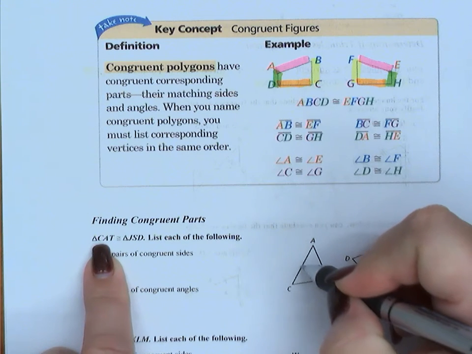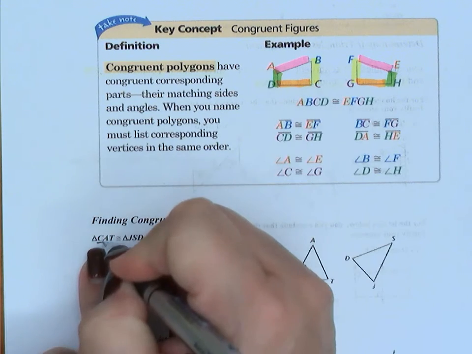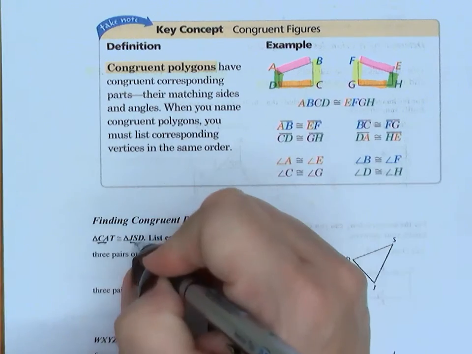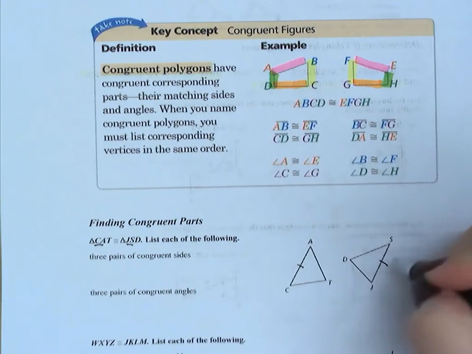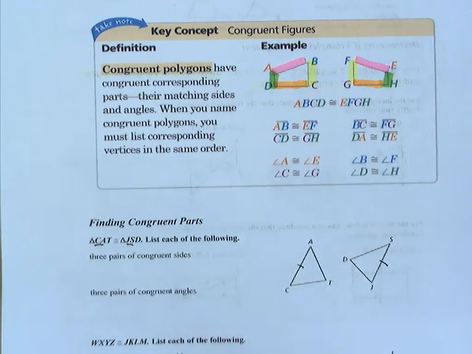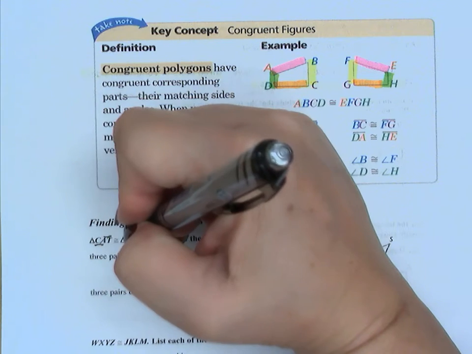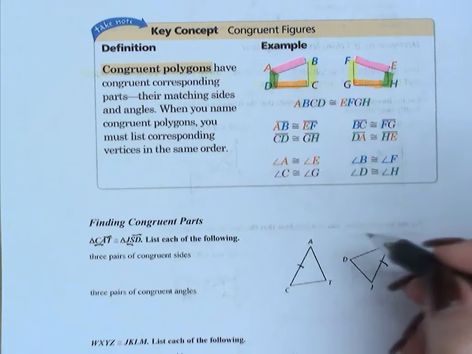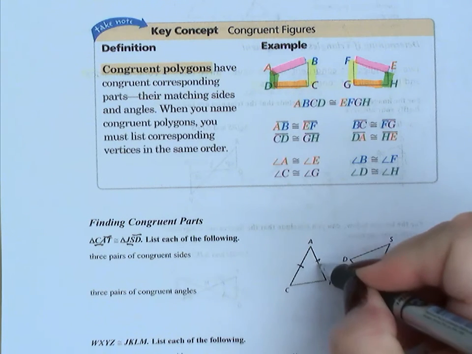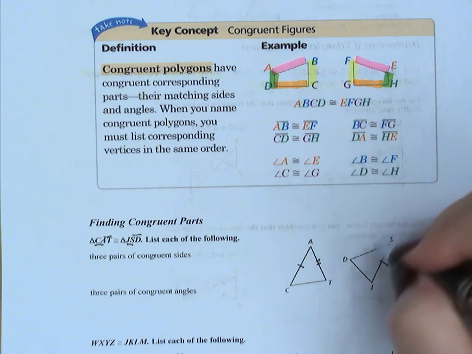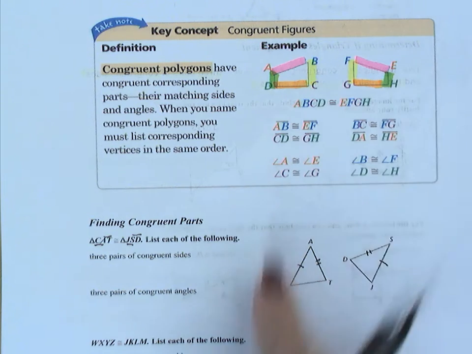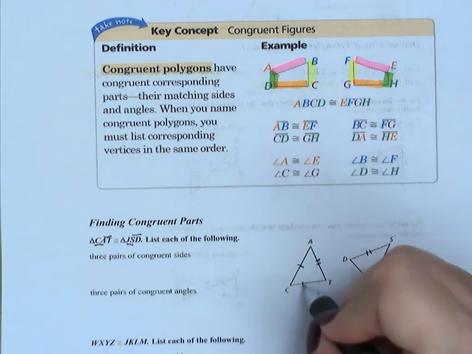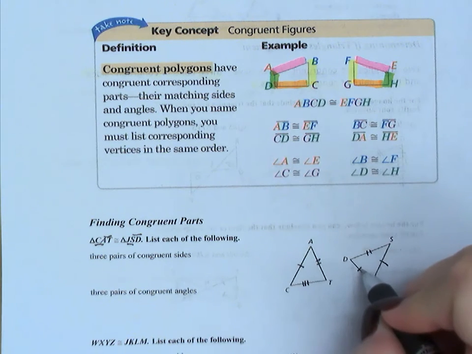This segment right here is congruent to JS, so I'm going to mark JS as congruent. And then AT, which is the next set right there, and SD are congruent. So AT gets 2 lines, and SD gets 2 lines. And then that means the third side is congruent. I'll just give that one 3 lines.